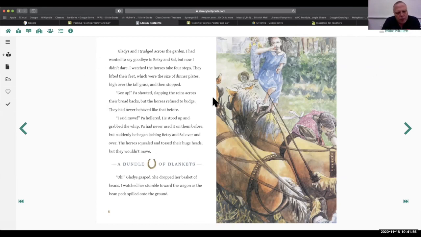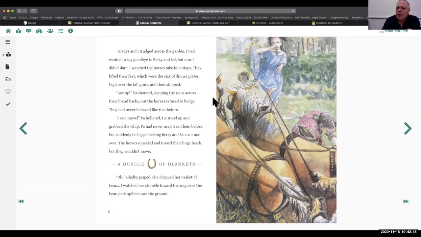But the horses refused to budge. They had never behaved like that before. I said, move, Paul hollered. He stood up, he grabbed the whip. Paul had never used it on him before. But suddenly he began lashing Betsy and Sal over and over. The horses squealed, tossed their huge heads, but they would not move.